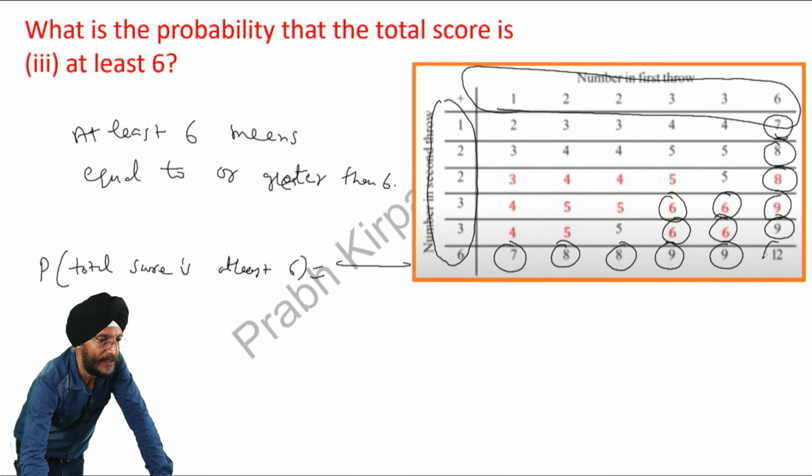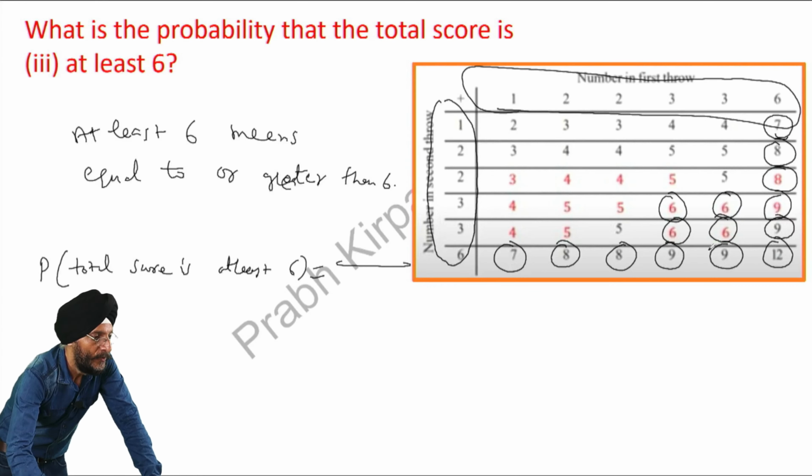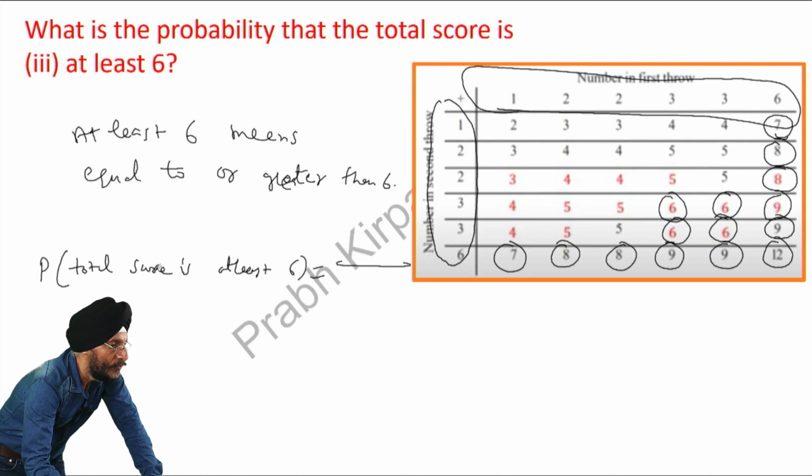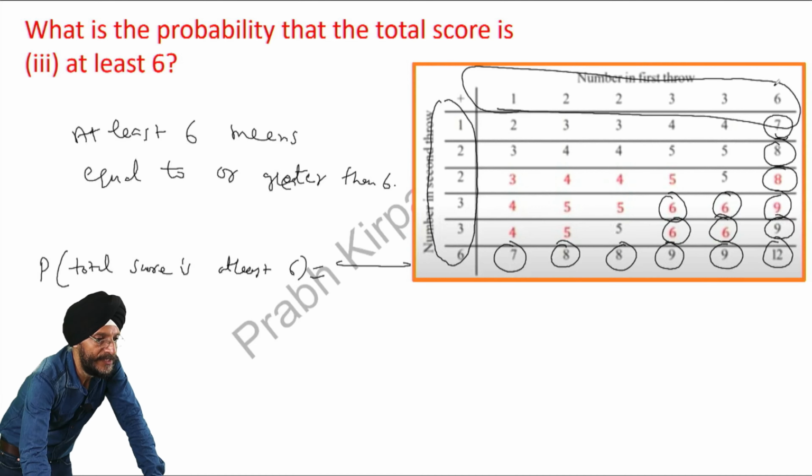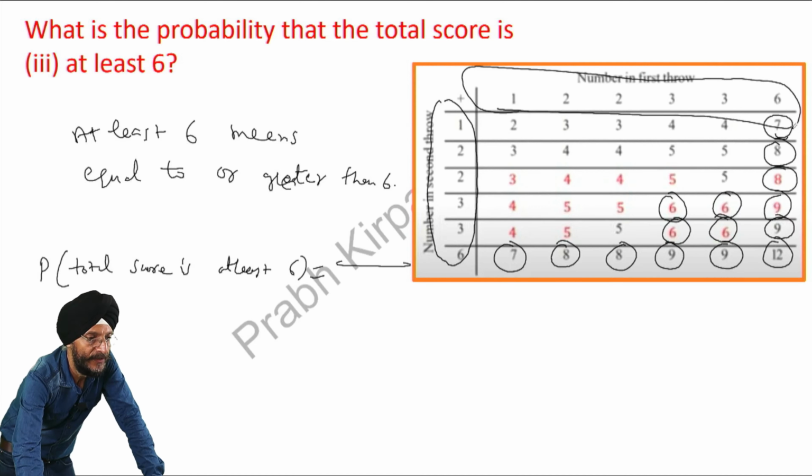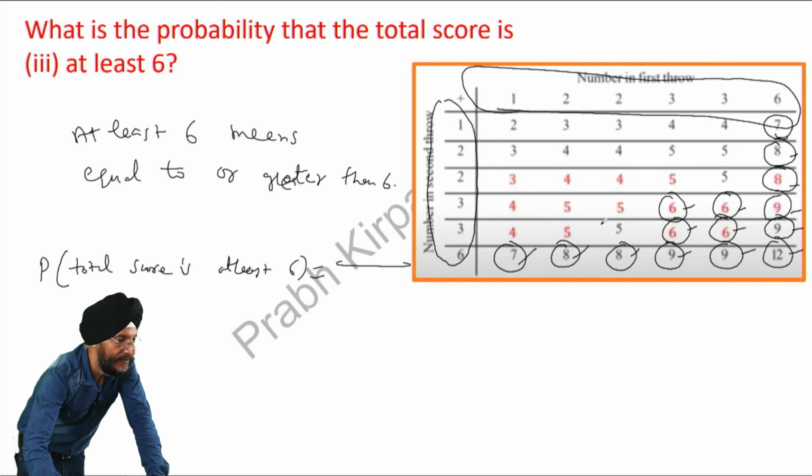More than 6. These are all. So how many numbers are equal to or more than 6? 1, 2, 3, 4, 5, 6, 7, 8, 9, 10, 11, 12, 13, 14, and this is the 15.